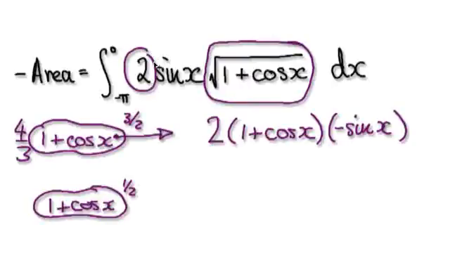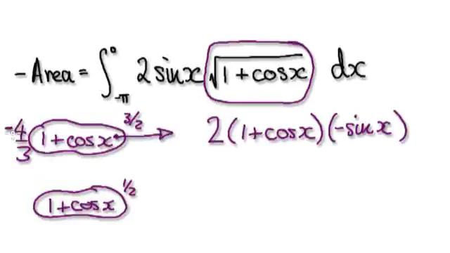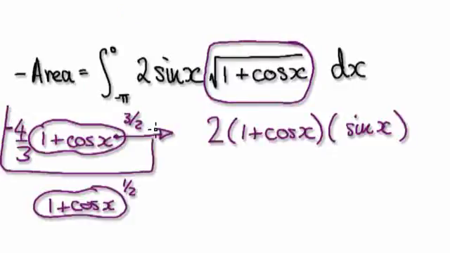Notice that this matches up with this, and this matches up with this, but then we've still got a negative in here. So let's make the adjustment to our initial guess. Now when you differentiate it, we can get rid of this minus here. So when you integrate this, it should be this.